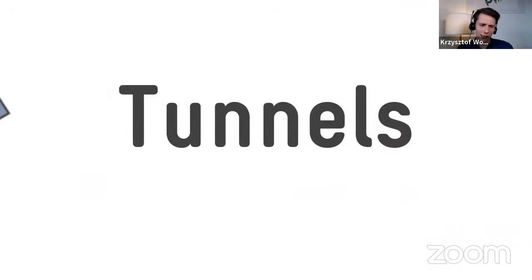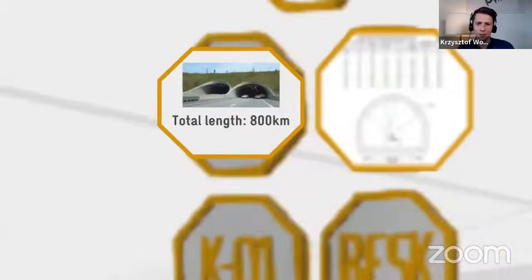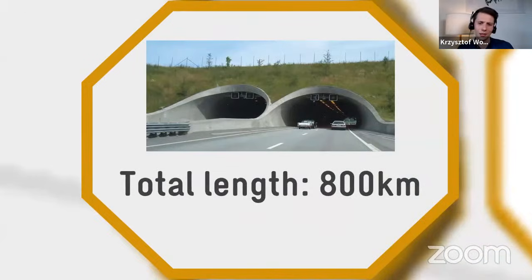Tunnels, there are lots of tunnels in Norway. Actually, before this webinar, I checked that the total length is more than 800 kilometers. So every single tunnel needs also a portal. A portal is this kind of structure, which is a little bit wider at the beginning. The reason for that is that when you're driving really fast, you are not feeling really comfortable driving through a really narrow tunnel, so it needs to be wider due to safety reasons.